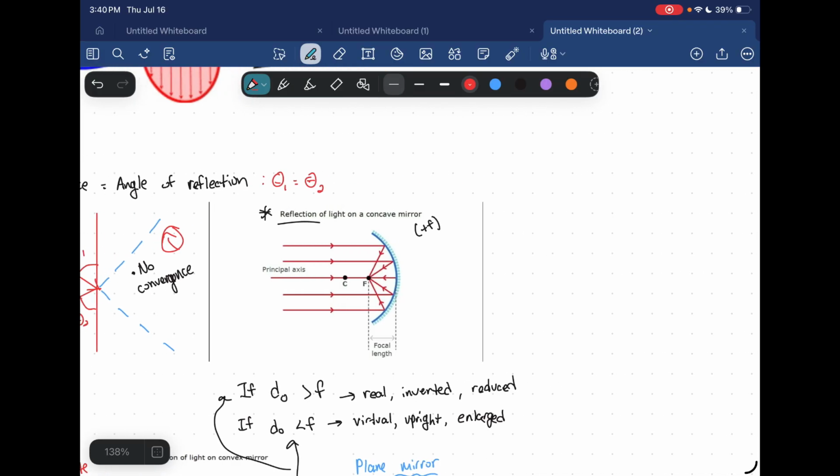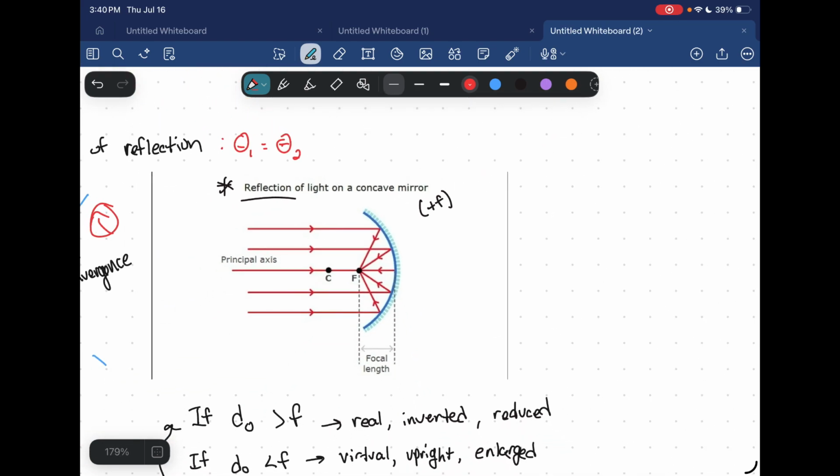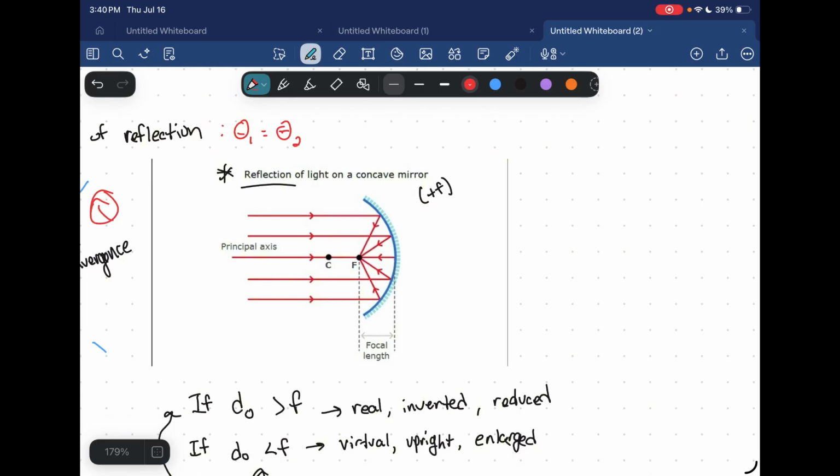Now let's talk about concave mirrors. These are different because they can actually bring light rays together. So instead of reflecting light rays outward like a plane mirror, a concave mirror curves inward, causing parallel light rays to reflect and converge at a single point called the focal point.